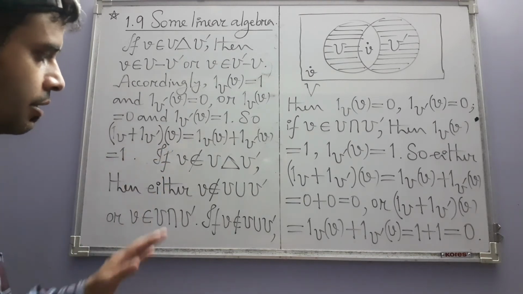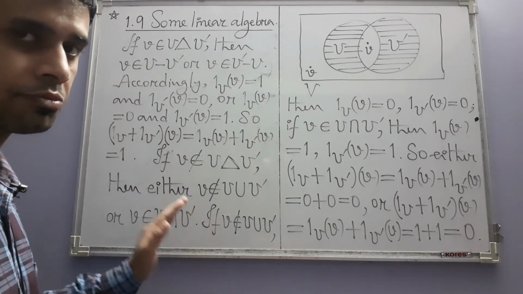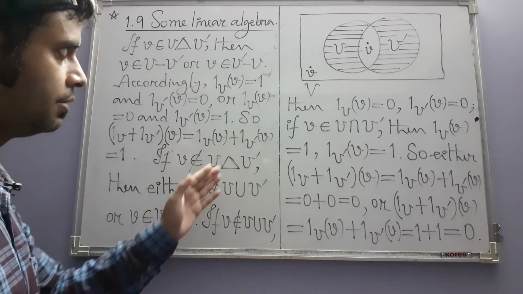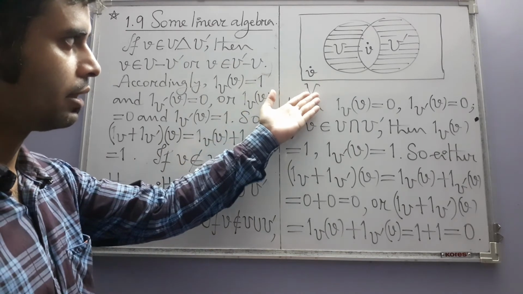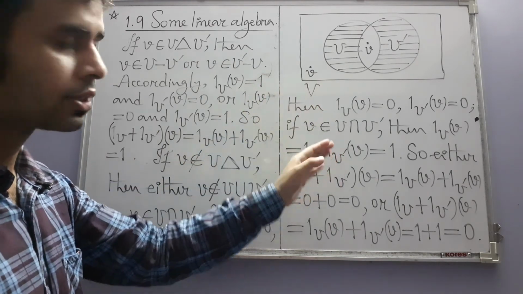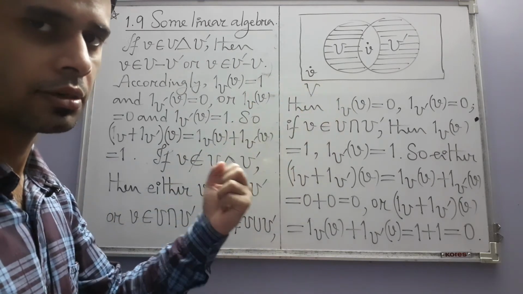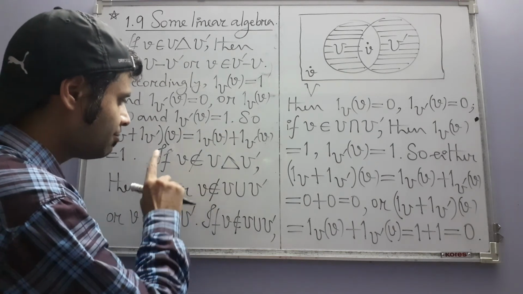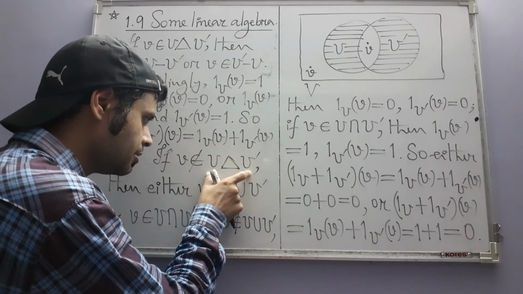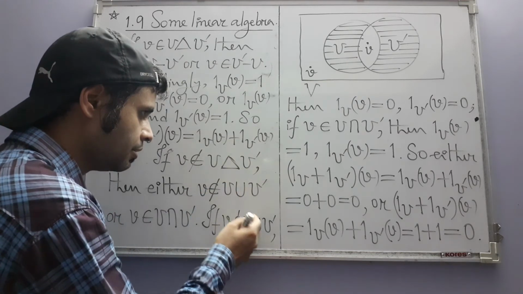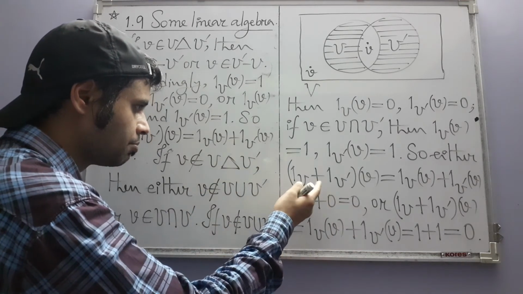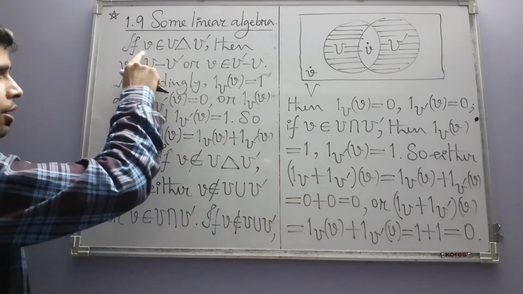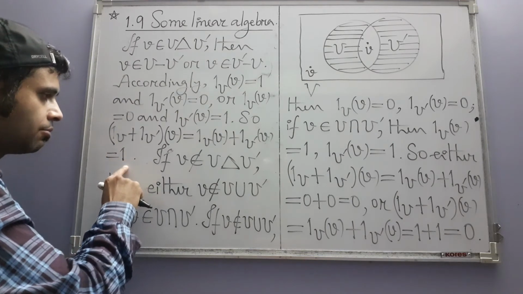So do you see what we are seeing here, that if the vector v that we have arbitrarily chosen from our vertex set, in all these things do not forget that this v is actually the vertex set of the graph. Then if that vertex does not belong to this symmetric difference, then the 1 U plus 1 U prime value of that vertex is 0. Whereas if it belongs to the symmetric difference, then the value is 1.